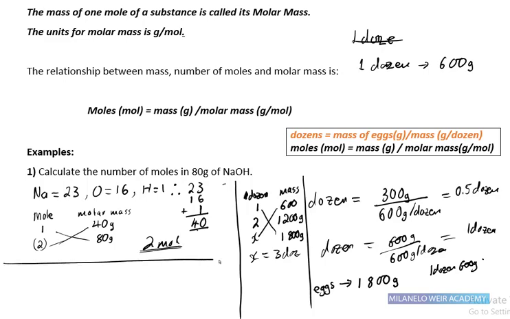Me ano a re direng ka tsela e re inetsweng. So formula re ya re moles is equal to mass. Mass ke bokae, 80 gram, divided by molar mass, gram per mole ke 40 gram per mole.